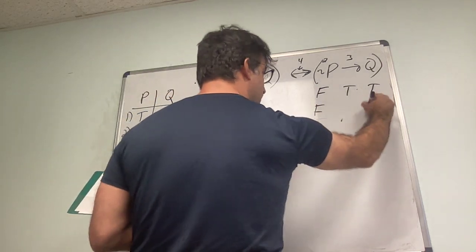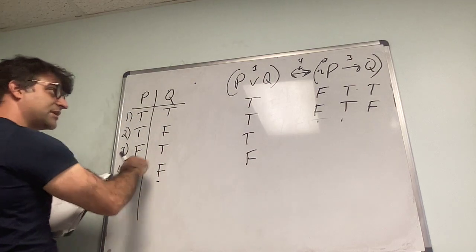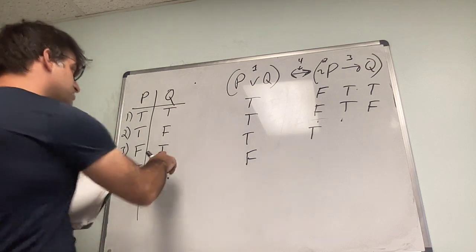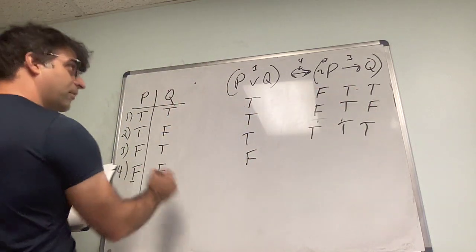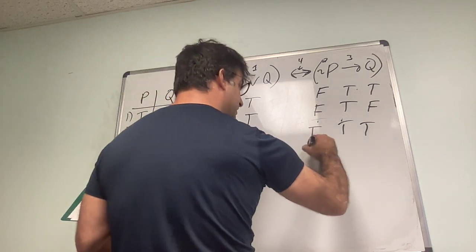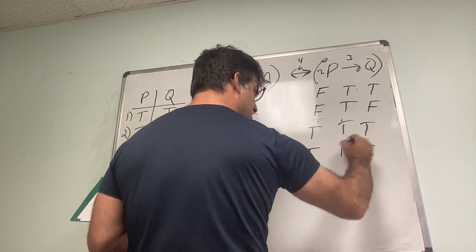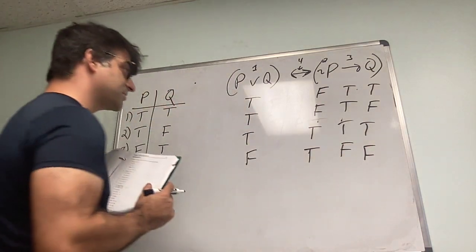So we have false arrow false, which is true. When P is false, not P is true. Okay. So when Q is true, we have true arrow true, which is true. And when they're both false, not P is true, but Q is false, and so our arrow statement is false.